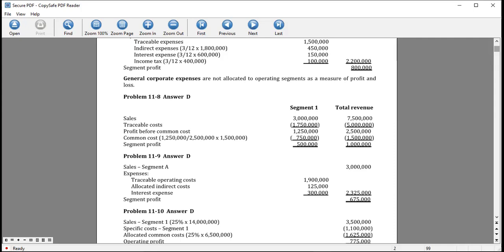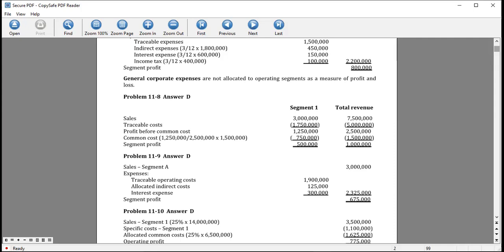So we now begin with sales of segment A, given is 3 million, then deduct expenses. Traceable operating is given in the first paragraph, 1.9 million, then the allocated indirect cost equal to 125,000. That's the allocated indirect cost, and the interest expense is given at 300,000.